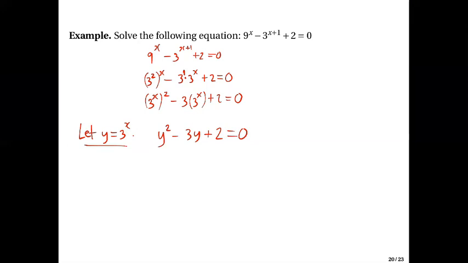This factors into y minus 2 times y minus 1 equals 0. Therefore, y minus 2 equals 0, or y minus 1 equals 0. So y equals 2, or y equals 1.